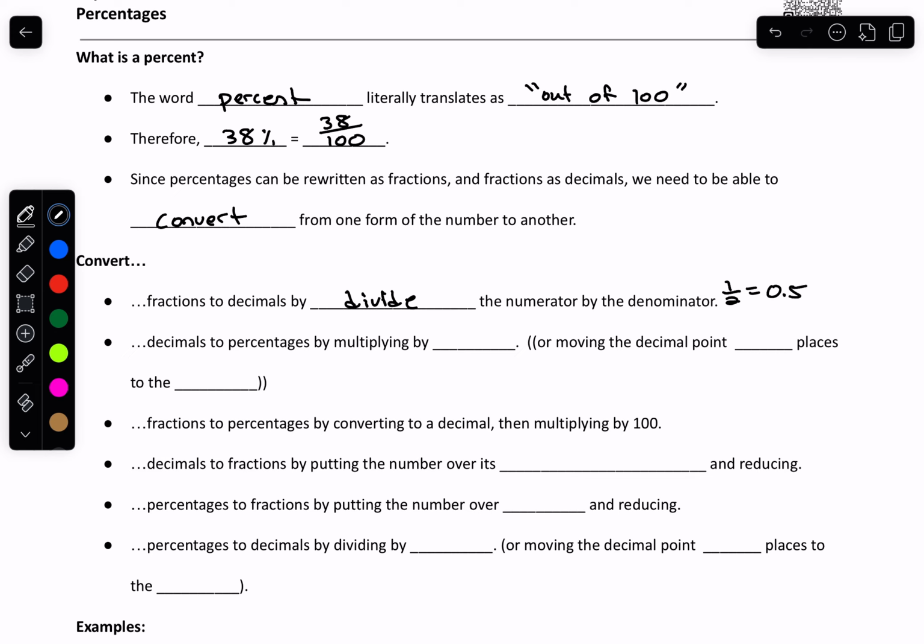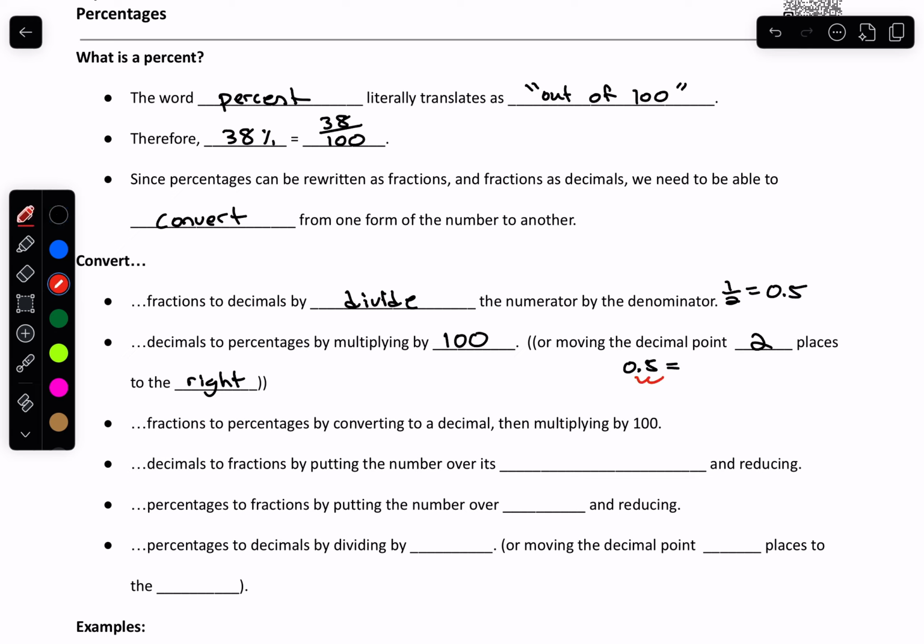No big deal there. If we want to convert decimals to percentages, we multiply that decimal by 100, which is equivalent to moving the decimal point 2 places to the right. For example, if we want to turn 0.5 into a percent, I move that decimal 2 spots to the right.